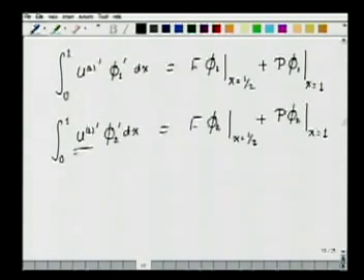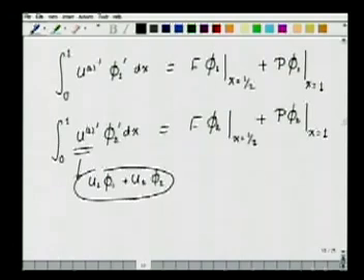Now, I will substitute u2 as u1 phi 1 plus u2 phi 2. If I substitute this, what are the equations I am going to get?